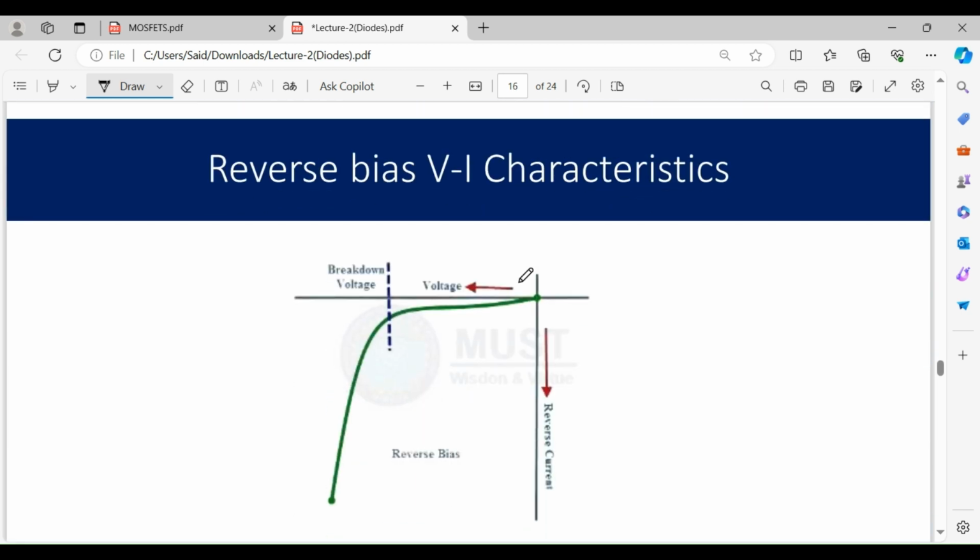Okay, next we have the VI characteristics of a reverse bias diode. Initially, you can see that current will not flow in a reverse bias diode. But when we increase the voltages to a certain level, for example, if we apply 20 volts or greater to the diode, then our device will be damaged and current will start flowing.